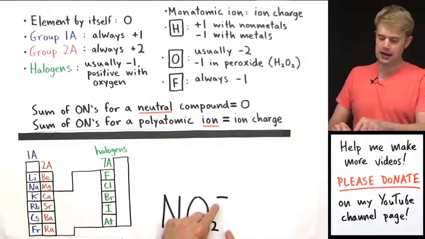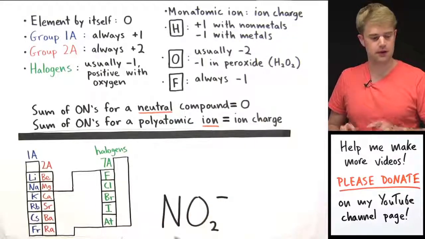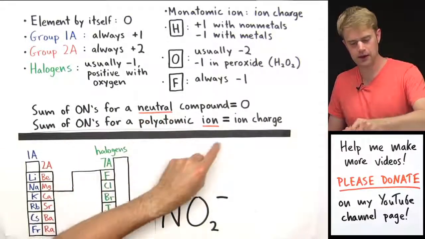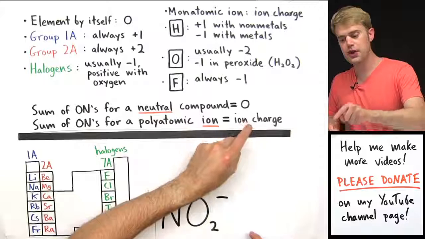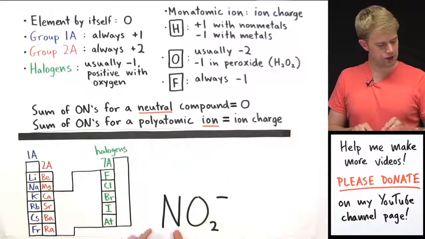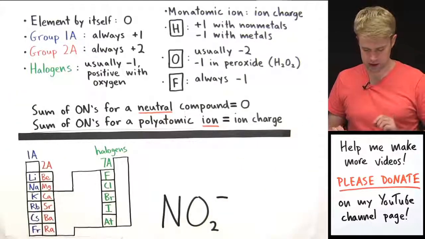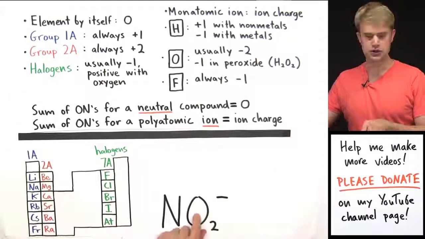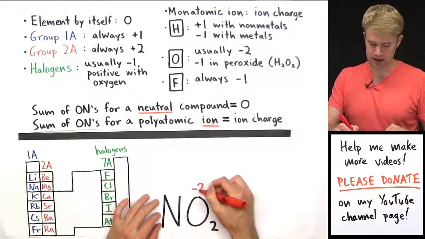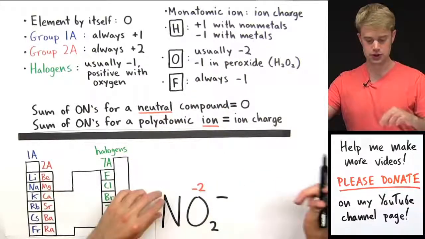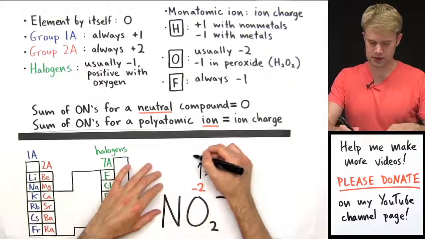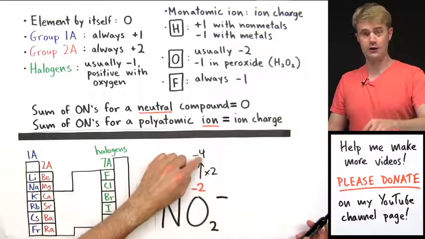NO2 1-, check this out, it is an ion. So this is going to be a little bit different. In this case, the sum of oxidation numbers for a polyatomic ion equals the ion charge. So let's see how we'll use that here. Nitrogen, we don't know what its oxidation number is going to be, but oxygen here is usually -2. So we have -2 here, but we have 2 oxygens. So we're going to do -2 times 2, which gives us -4 altogether.